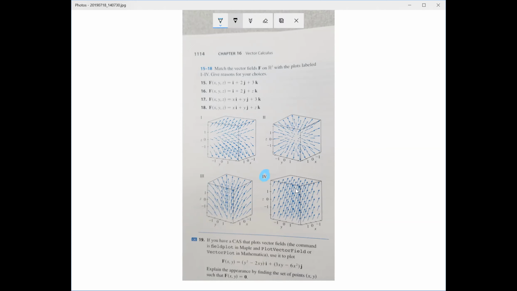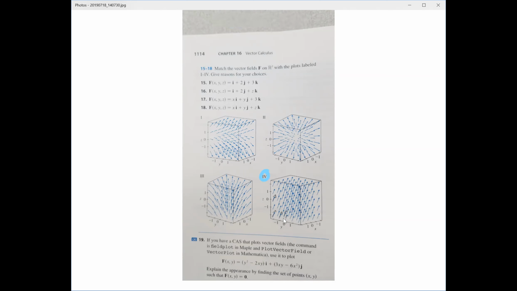And the reason why that is, as you can see from this rough sketch, what you notice is that the z value is always going to be a 3. So that's why it's always going to point upwards, right? So for the z values, it's going to go upwards. Now for the y values, you're going in the direction of the positive y of 2. So that's why you're going this way, no matter what y value you're at.